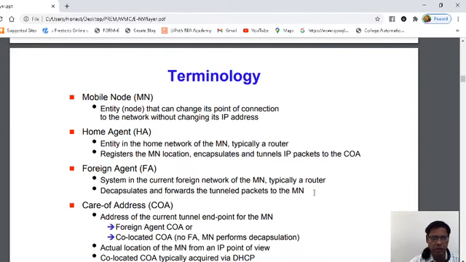The home agent is an entity in the home network of the mobile node, typically a router.